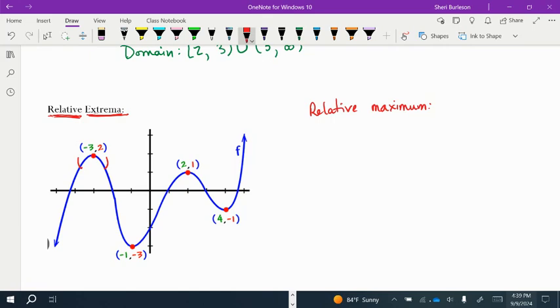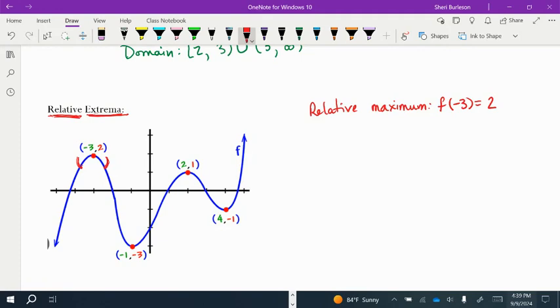So if I look at the -3, 2, the 2 is the function's maximum value relative to the x values near -3. So f of -3 equals 2 is my relative max.